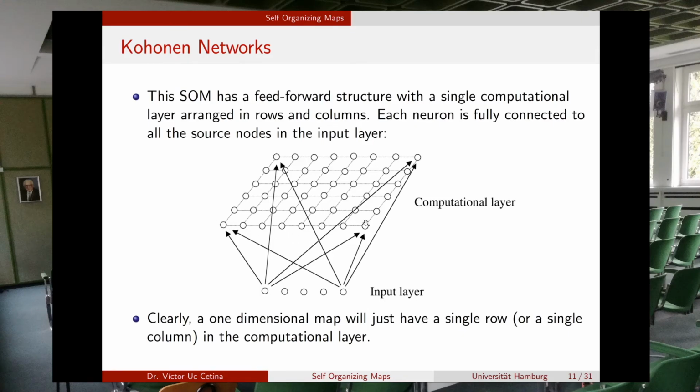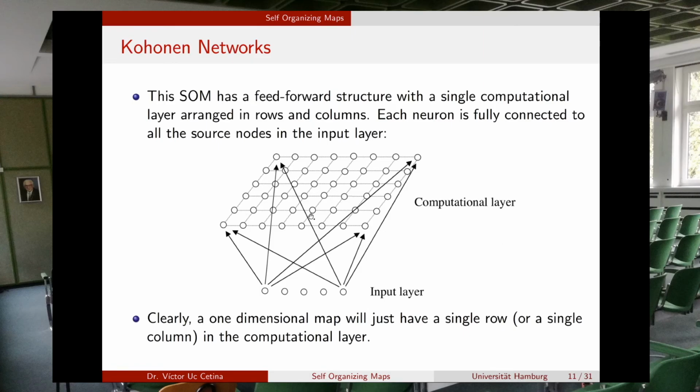So maybe you want to use also 48 neurons in only one row. So you will have a row with 48 neurons. So what is the difference between using a 2D or a one-dimensional map?